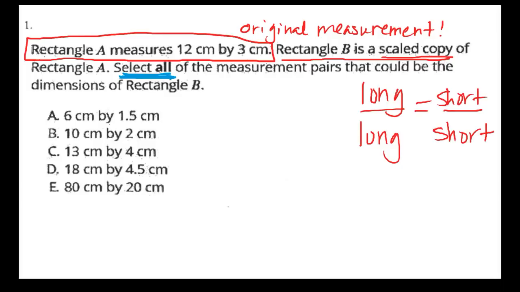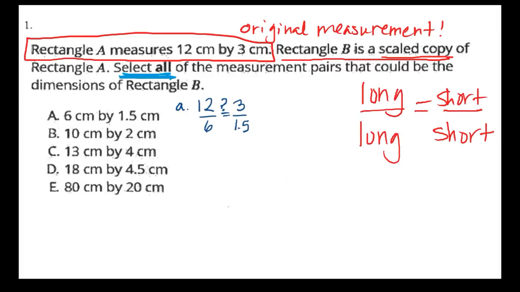When we have scaled copies or dilations, we've got ratios. And the ratio we're going to use to help us with this problem is we're going to compare the long sides of the rectangles to each other and the short sides. So long side versus long side, we're going to put that in a ratio and see if we can make it equal to the short side over the short side.